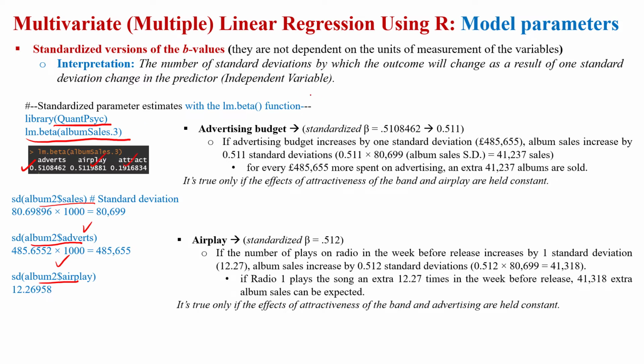How are we going to interpret them? As I told you, first of all you must calculate the standard deviation values in order to understand the interpretation. So let's interpret it.